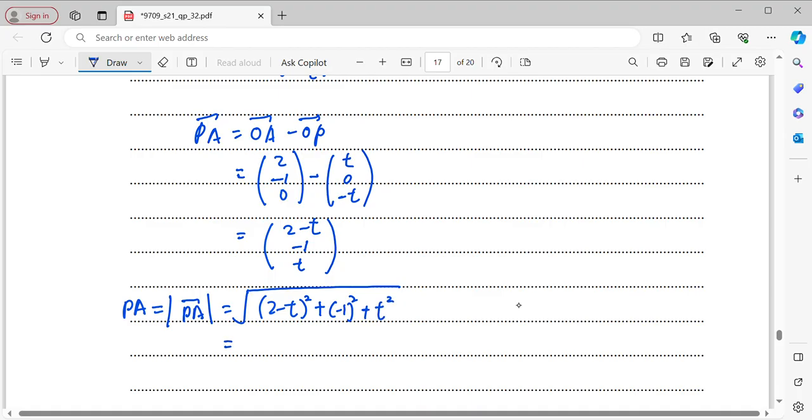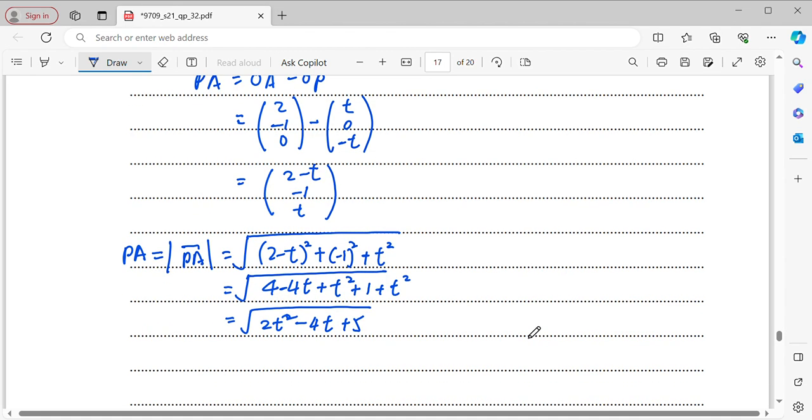So this is 4 minus 4t plus t squared, the second term is plus 1, and the last term is t squared. At last, I will get 2t squared minus 4t plus 5.